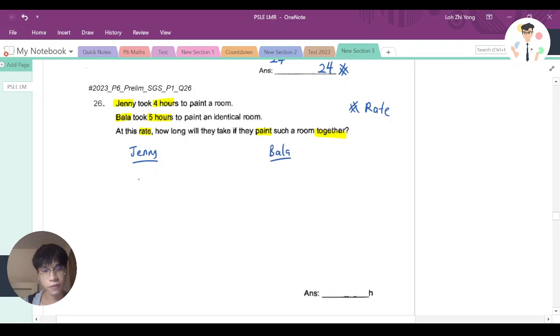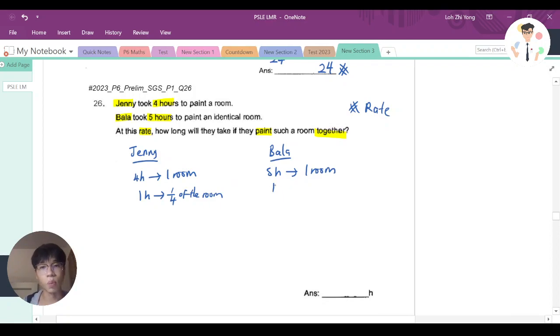Jenny takes 4 hours to paint one room. Bala takes 5 hours to paint one room. So if it is 1 hour, Jenny will be only able to paint 1/4 of the room. Agree?